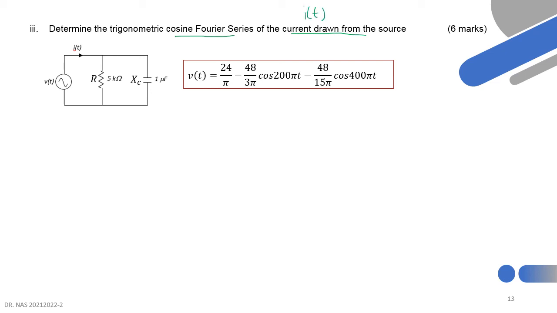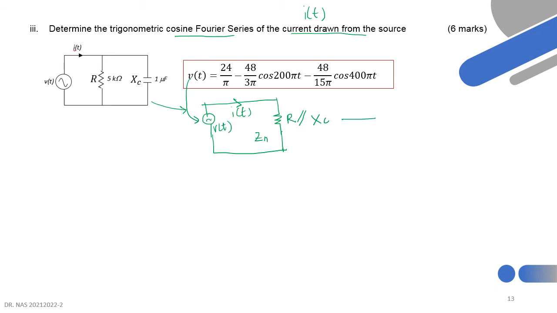So from basic circuit theory, you can represent this circuit like this. So you have the total impedance Zn, in which this is when R in parallel with XC. So this is your iT and this is the source v(t).